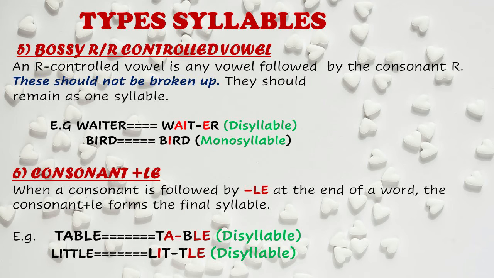The next syllable type would be the consonant plus LE. When you see a consonant with LE at the end of a word, the consonant and LE form the final syllable and should not be broken up. Let's look at the word table. Alright, this is a two-syllable word.